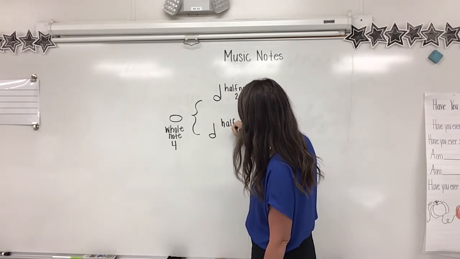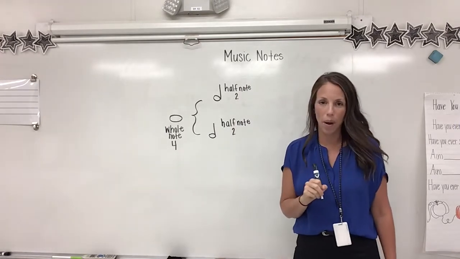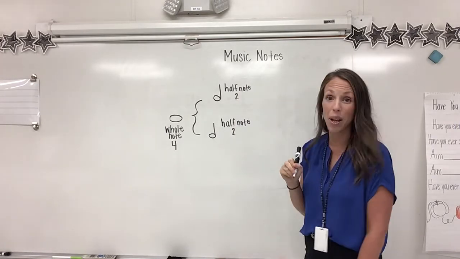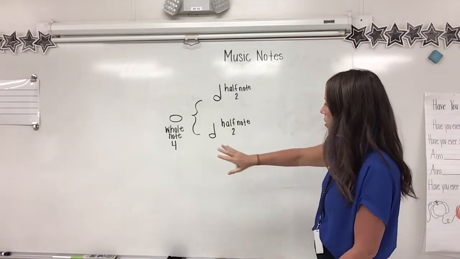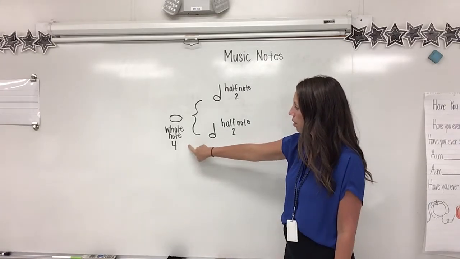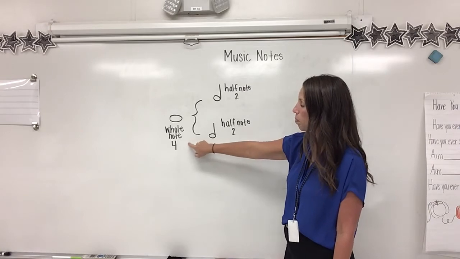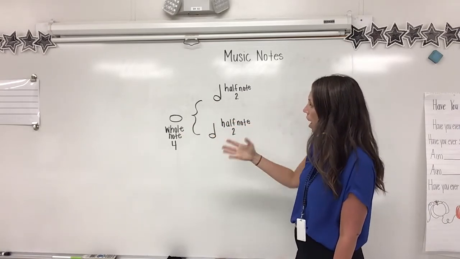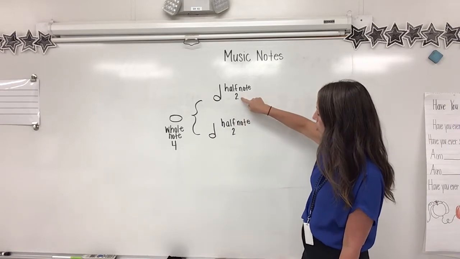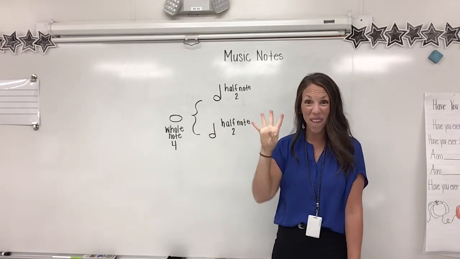Since it's a vocabulary, it's always great if we can write it more than one time. It'll stick in our brain better. So, the whole note breaks down into 2 half notes. And we can check this because 2 plus 2 equals 4.